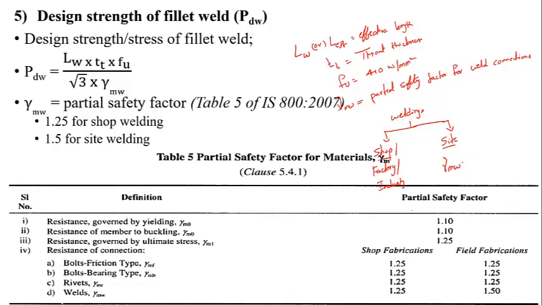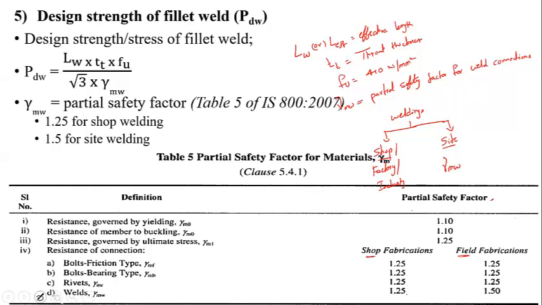Here you can see the shop fabrications and the field fabrications. So the partial safety factor is given for shop and for field. Here you can see the weld, the fourth criteria, this one. So gamma MW is for the weld.